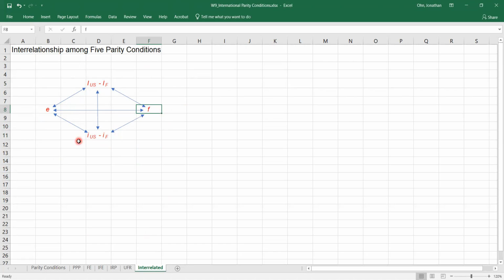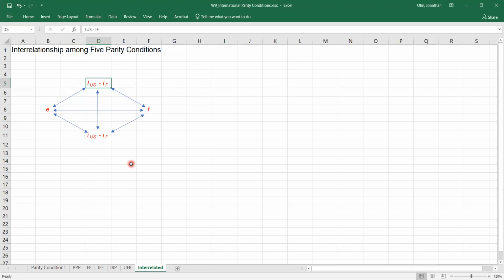Which theory connects the percentage change in exchange rate and relative inflation? Which theory? Anybody? If you go back to the previous discussion. The international Fisher effect? No, it's this one.